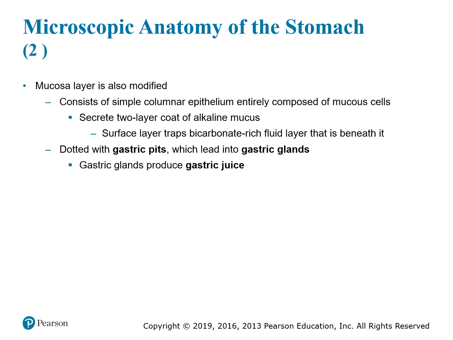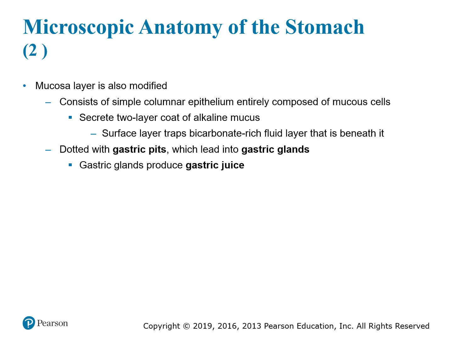Now see how the mucosa is modified. The mucosa consists of simple columnar epithelium entirely composed of mucous cells, and they secrete a two-layer coat of alkaline mucus. The surface layer traps the bicarbonate-rich fluid layer which is beneath it.